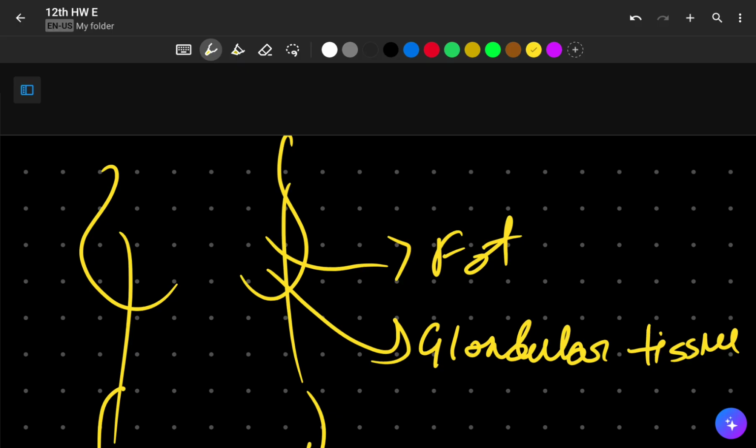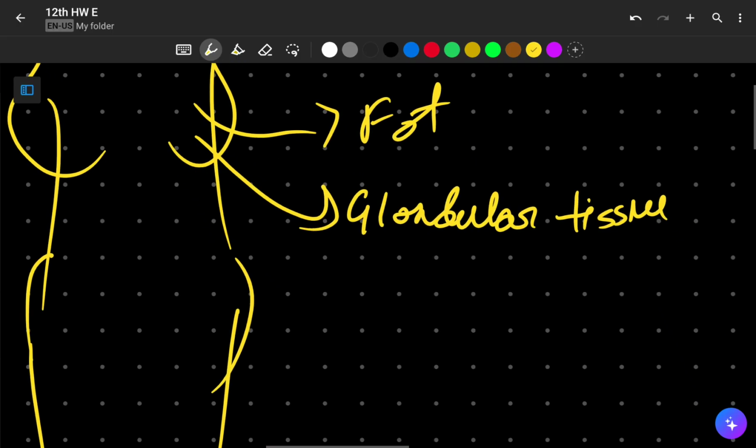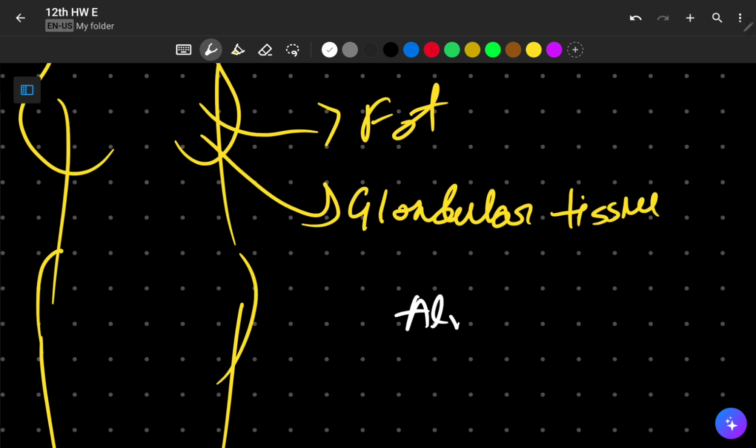Let's talk about the glandular tissue. The glandular tissue contains something called alveoli. We have also talked about this term in respiration, but here again there is alveoli, which is where the milk is stored. This is not where the milk is synthesized. The milk is synthesized somewhere else. For example, prolactin is the one that stimulates the synthesis of the milk.